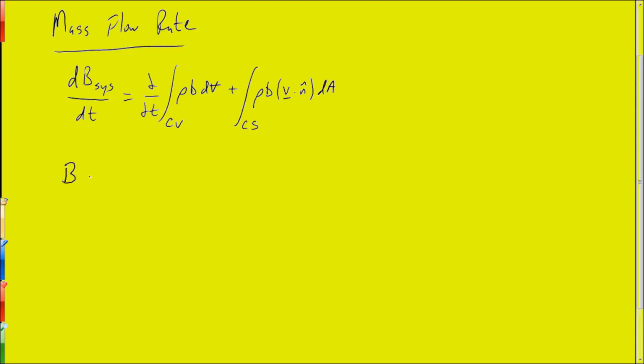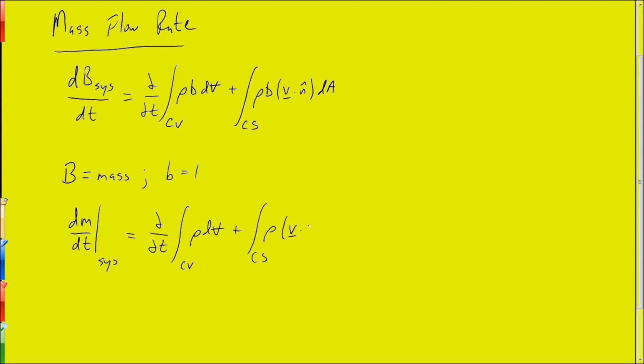If we set B, capital B, equal to mass, then we know that lowercase b is equal to 1, and we can rewrite the Reynolds transport theorem for mass as dm/dt of the system is equal to d/dt over the control volume of rho dV plus the integral over the control surface of the density times the velocity dotted with the normal vector integrated over that area.